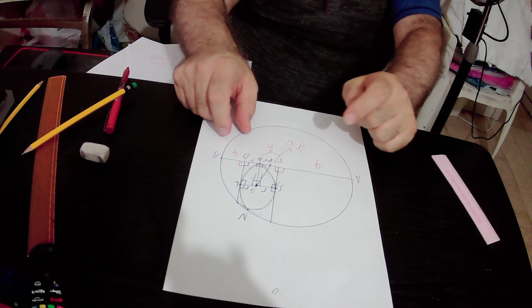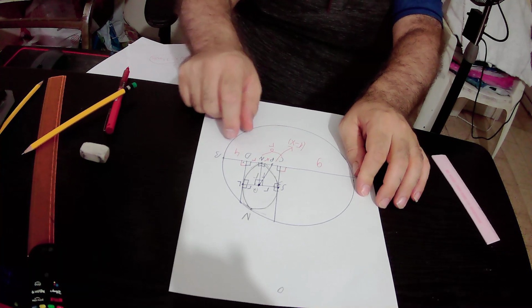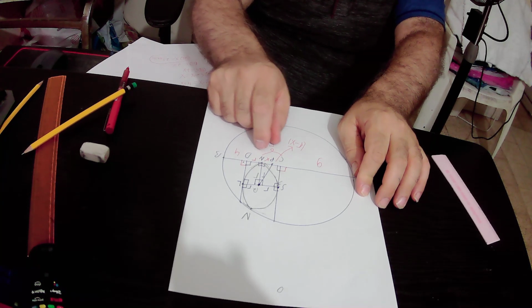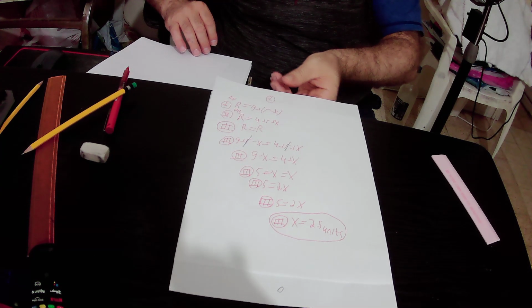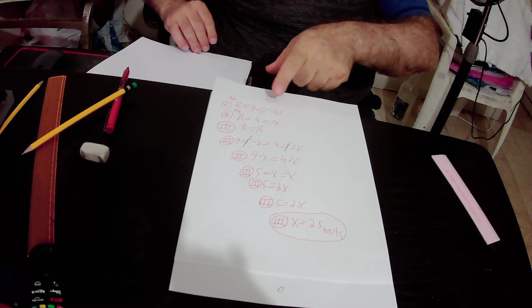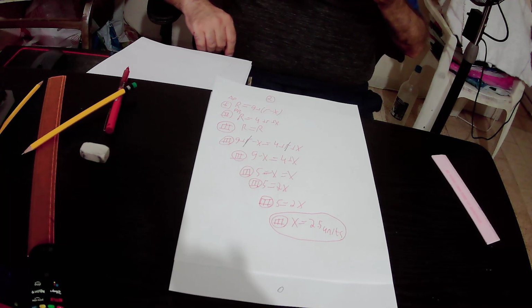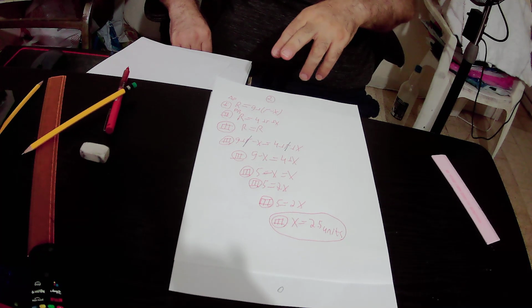That is to say, the radius of the big circle is BD, that is 4 units, plus ND, that is small r, plus PN, that is x. So in total we got in equation number 2 that the radius of the big circle equals 4 plus small r plus x. Okay, so we have two different ways we calculated the radius of the big circle.